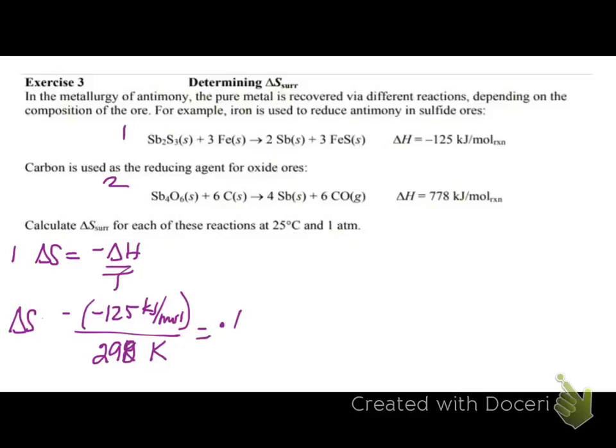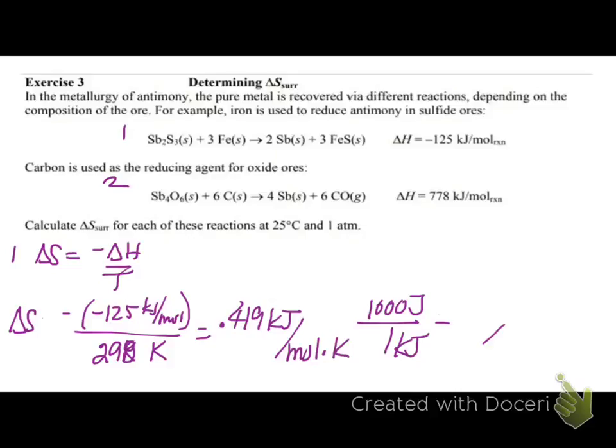So that becomes 0.419 kilojoules per mole K, but we want to report in joules, so we're going to say in 1 kilojoule, there are 1,000 joules. So negative times a negative is a positive, so we have 419 joules per mole K. So what did our disorder do? It increased. So we increased disorder.